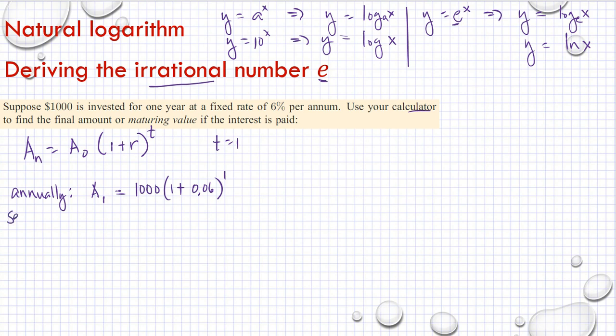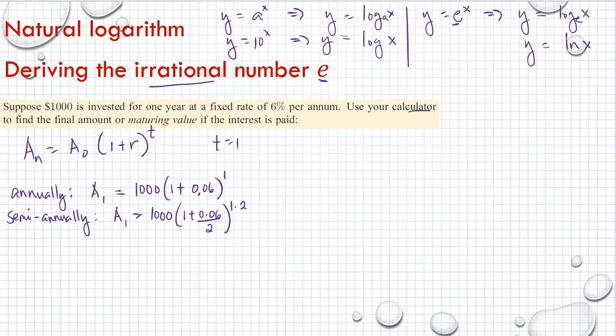If it's semi-annually, then we have A sub 1 is equal to 1,000 times 1 plus 0.06, it should be a point, not a comma, divided by 2. We know that because it is semi-annually. But in the exponent, we need to multiply it by 2.